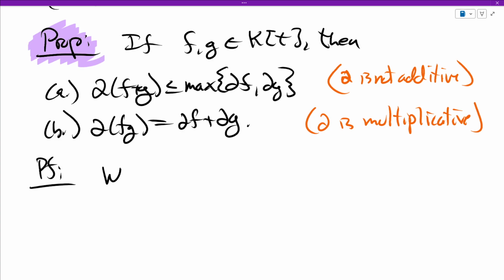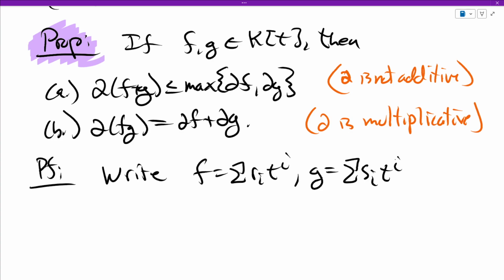So write f as the sum of r_i t to the i and g as the sum of s_i t to the i. Suppose the degree of f is m and the degree of g is n.